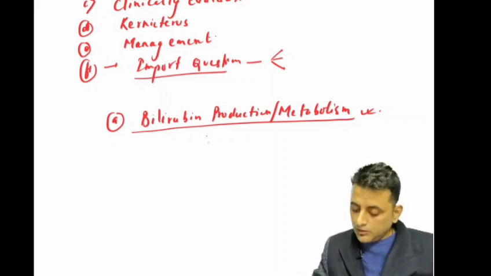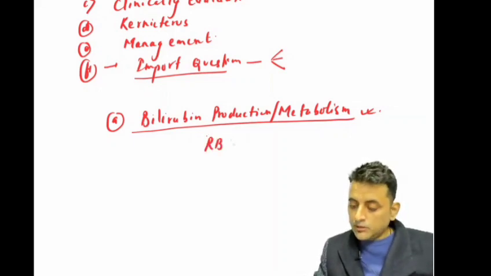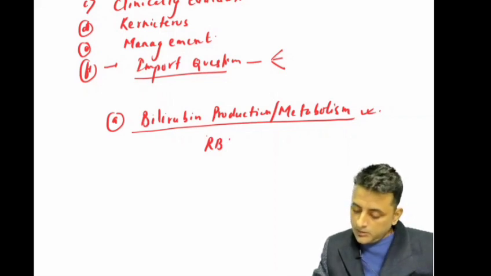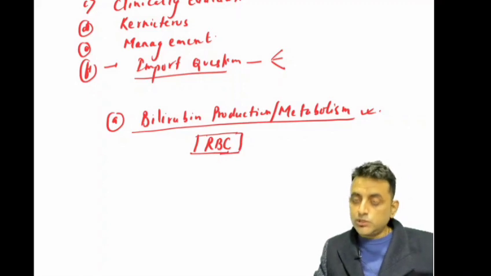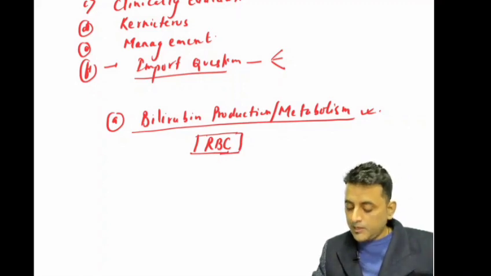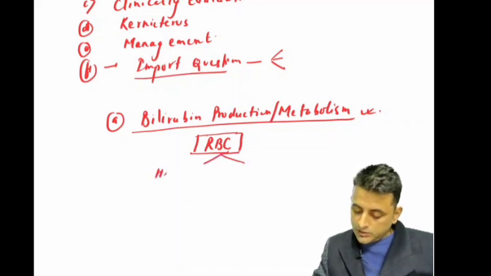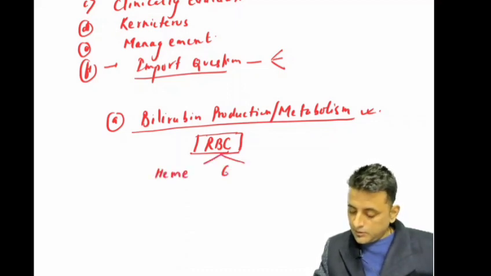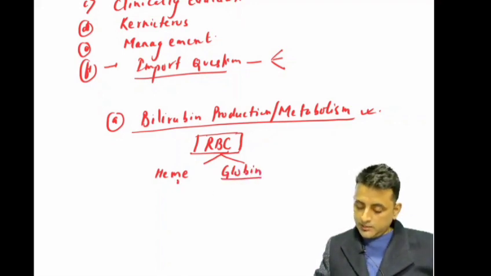So how does bilirubin get produced? Where does bilirubin get produced from? As you know, RBC has a lifespan of 90 to 120 days. When it is destroyed, it is changed to heme and globin. Globin is recycled, whereas heme is converted into iron and biliverdin.